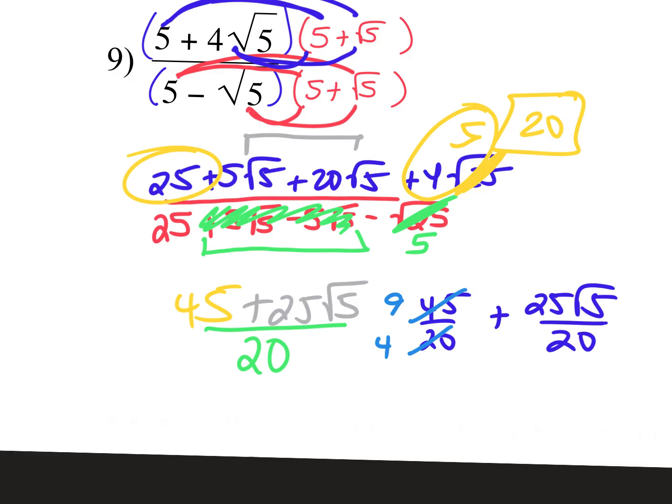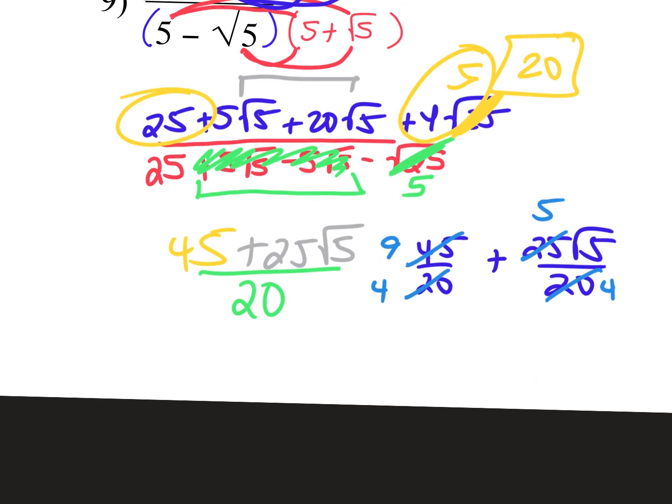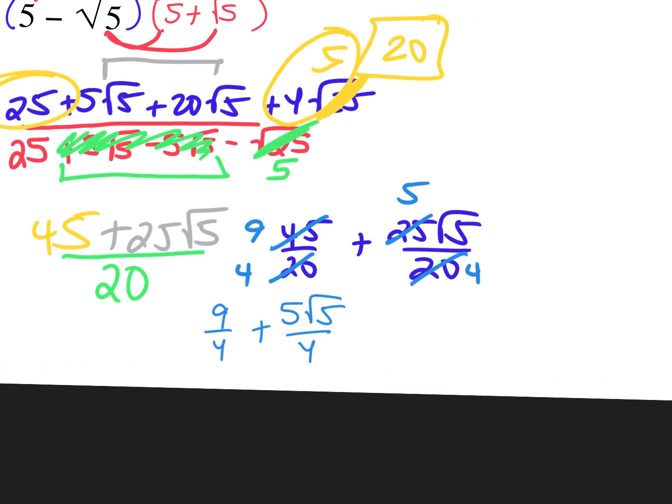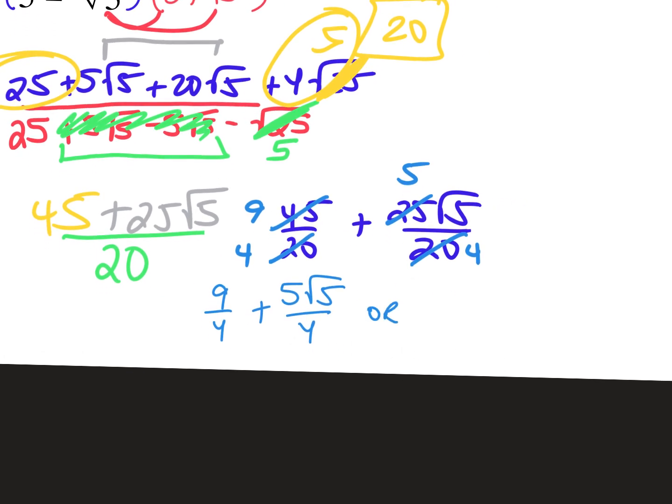What number goes into both 25 and 20? 5. 5 goes in here 5 times. 5 goes in here 4 times. So you could leave it as 9 over 4 plus 5 square root of 5 over 4. Or, since they have the same denominator, you could write it like that.